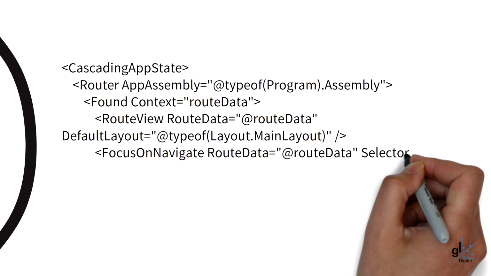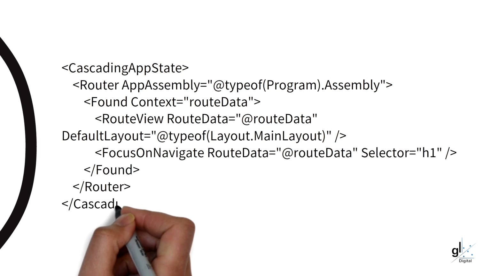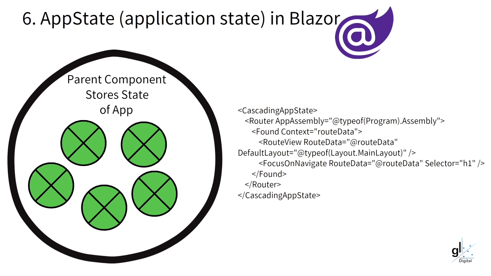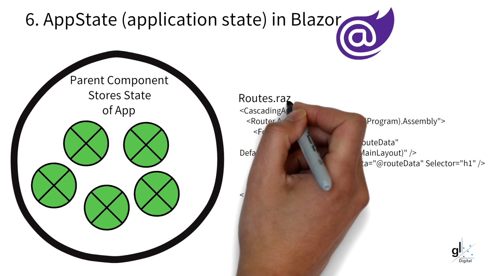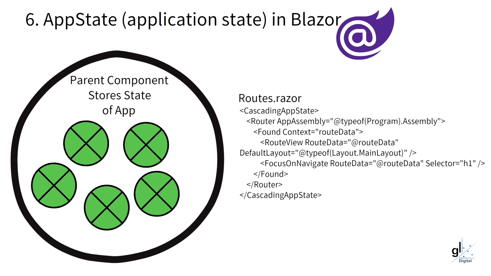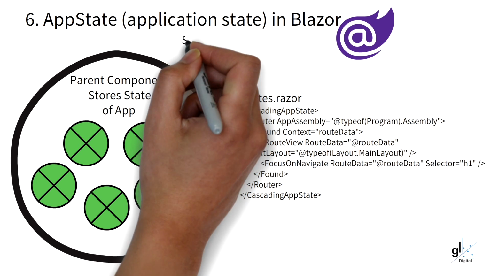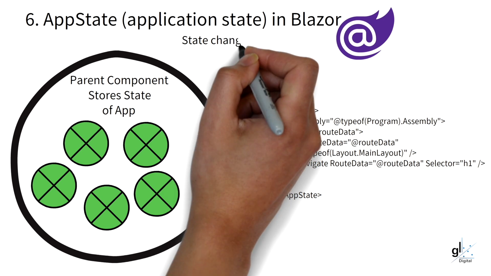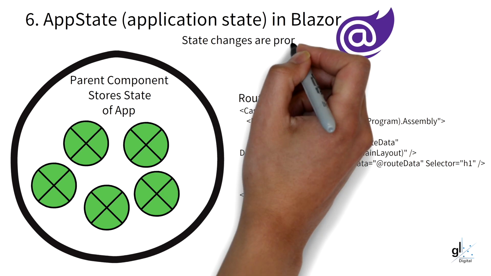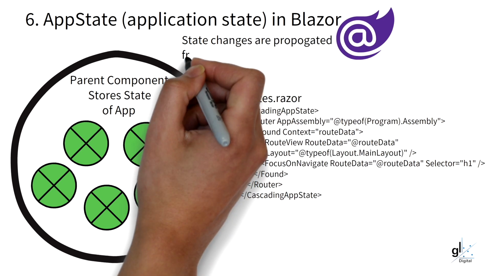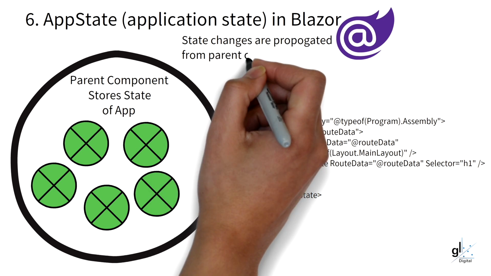The key to how this works is a concept in Blazor known as cascading parameters. Through a cascading parameter that exists within all of the child components, you can propagate the state of your application stored within the component that is dedicated to preserving state down to the relevant child components of the application.